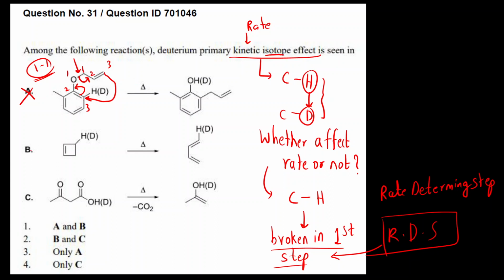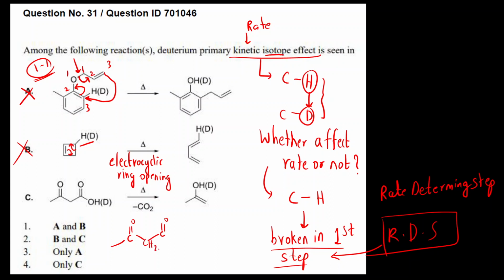B step, if you see, it is an electrocyclic reaction, right? Electrocyclic ring opening reaction. This is also a pericyclic reaction. Here also you can see this CH bond is not broken. So this is also incorrect. Last step is decarboxylation. And we know what happens in decarboxylation.